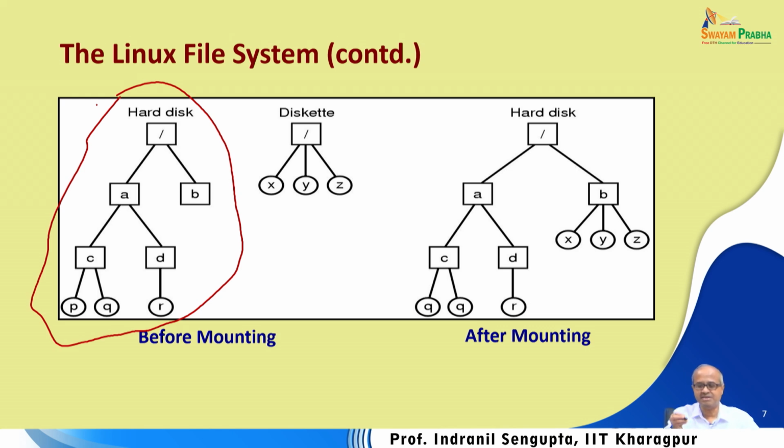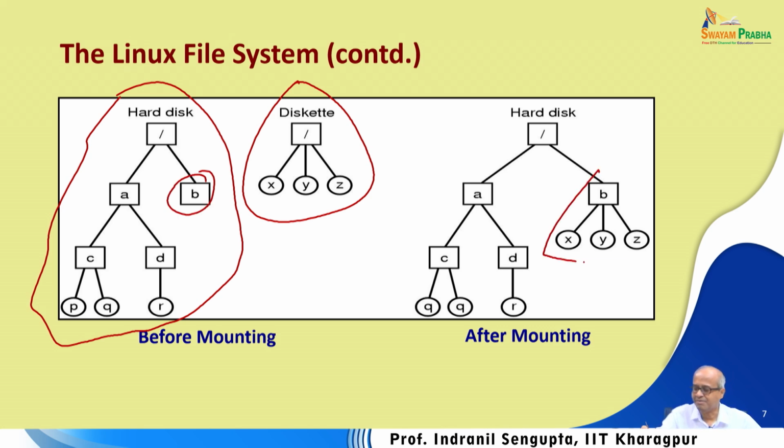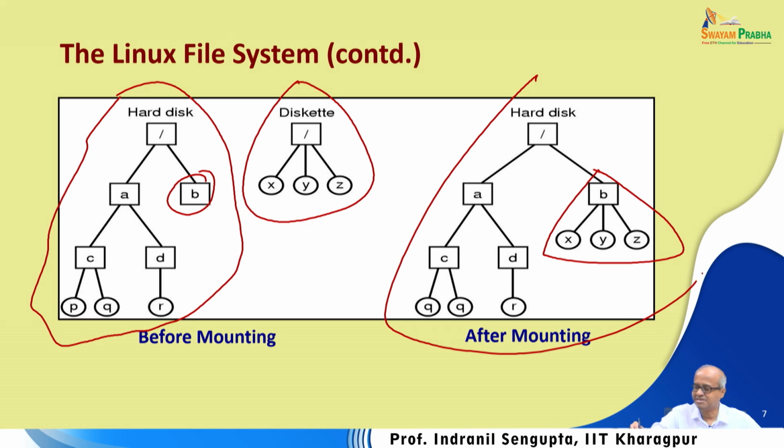So, whatever I insert is a separate file system, and using mount I can join this file system anywhere I want in my existing directory structure. Suppose I want to mount it at B, so it will get mounted under B, and this X, Y, Z will come under B. So, after mounting, my file system will look like this.